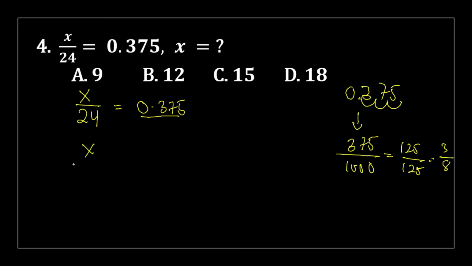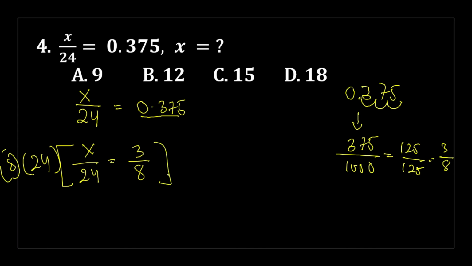So we have x over 24 is equal to 3 over 8. To get the value of x, let's multiply both sides by 24 and 8, so that we could eliminate the denominators. Cancel 24, so 8 times x is 8x.